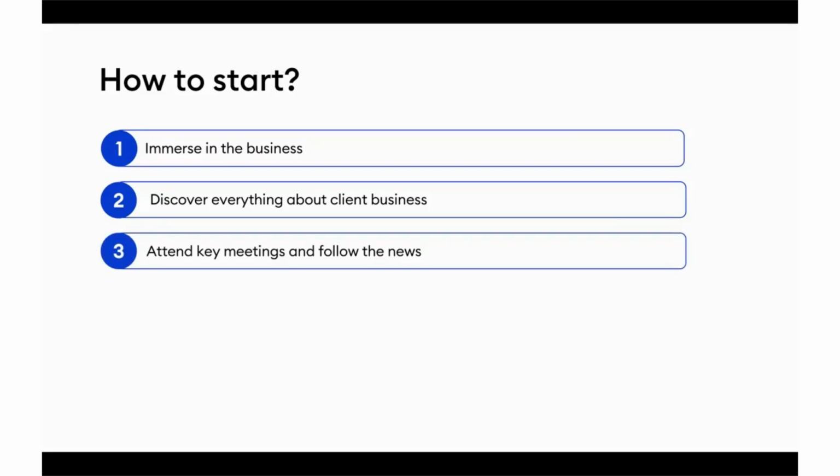The third point is to attend key meetings and follow the news of your company. You have to have some connection with that area of business. You should not be someone sitting somewhere in HR just counting money.